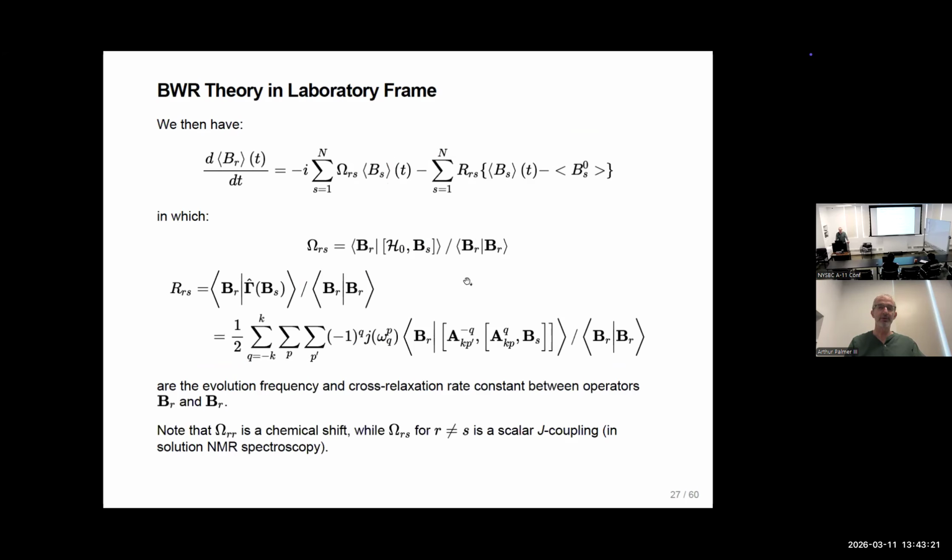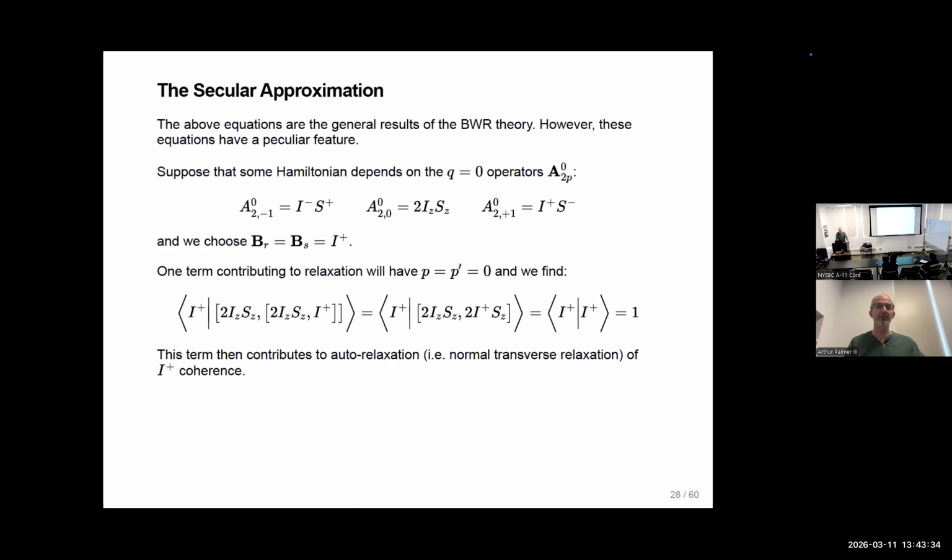So I'm going to plug in for the A's 2IZSZ, and for BR and BS, I plus. That'll be how much relaxation is caused by that part of the Hamiltonian. So I plug in, I do the commutators, I do the trace, and I find that this part comes to be +1.